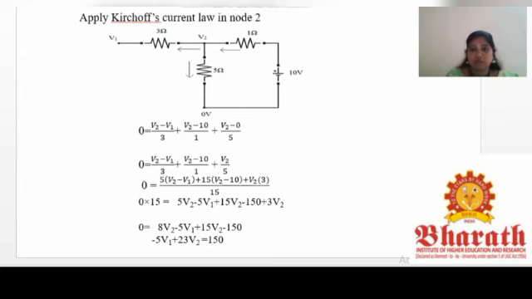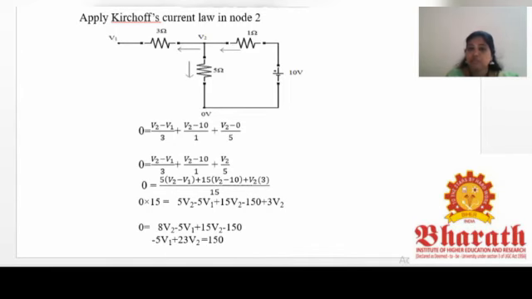So I said already this 3 ohm resistance is common for node 1 and also for node 2. And this 5 ohm resistance is connected between node 2 and the reference node. And this 1 ohm resistance is connected between node 2 and the voltage source.